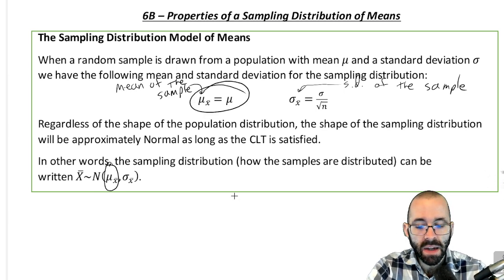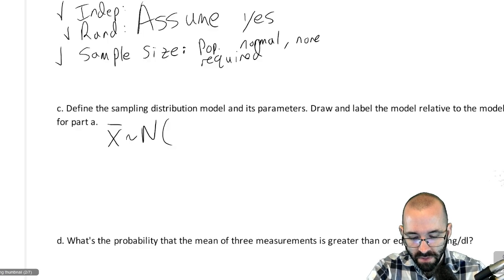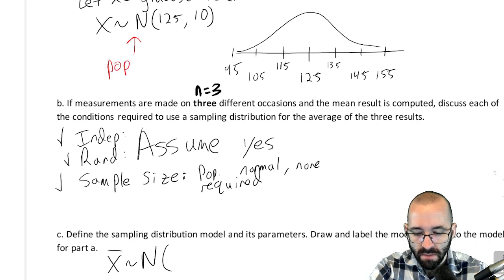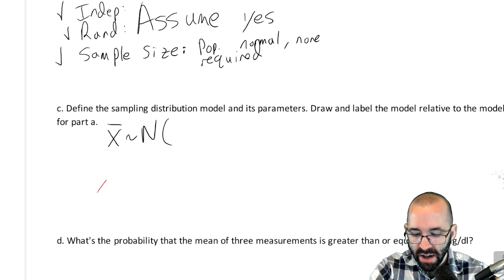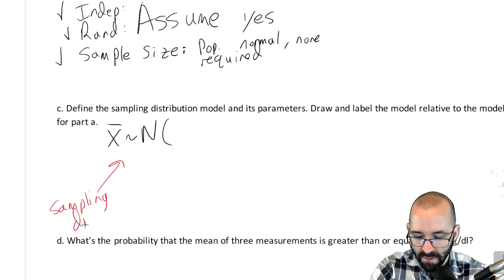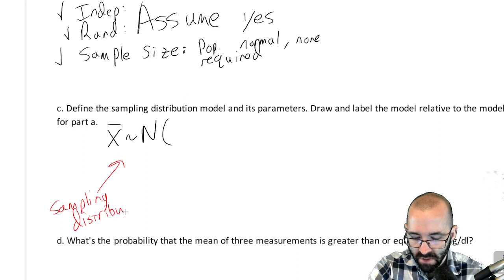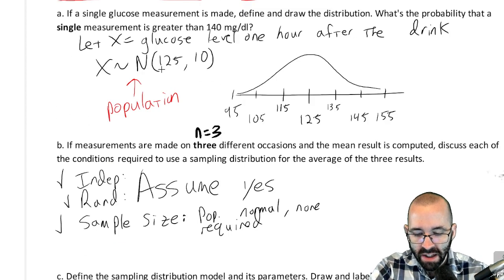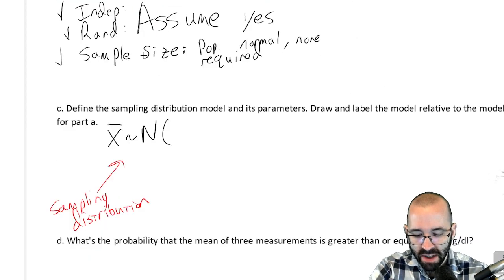It should be the same as the mean of the population. What was the mean of the population? Right, this right here is the population. This right here is the sampling distribution. All right. So what's the mean of the population? 125 milligrams per deciliter.